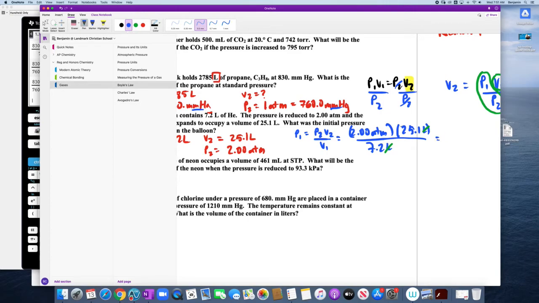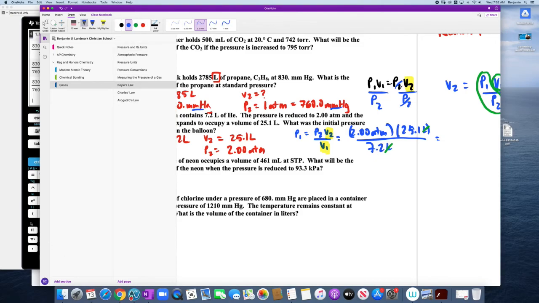So what is it that's controlling that change in pressure here? It's that change in volume, right? So the volume is expanding from 7.2 to 25.1. It's that ratio of these volumes here that's going to get multiplied by the second pressure to give us the original pressure.